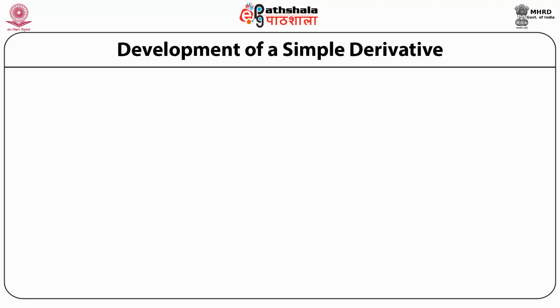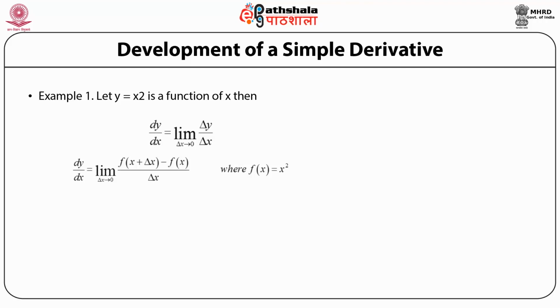Development of a simple derivative. Example number 1: let y is equal to x squared be a function of x, then dy by dx represents the limit delta x tends to 0 of del y by del x, and we can extend it further. We can write del y by del x as f of x plus del x minus f of x divided by del x.